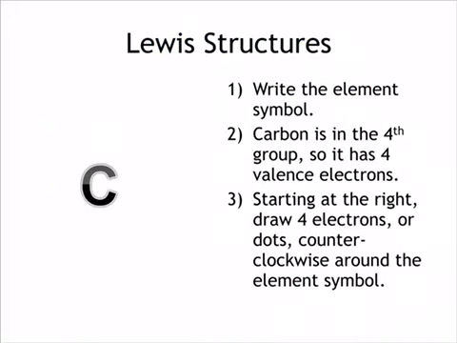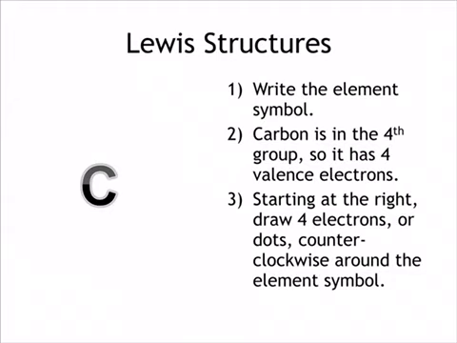When we draw a Lewis dot structure, or Lewis structure, we write the element symbol. Carbon is our first example. We look at its location on the periodic table, and it is in the fourth group. So here we have carbon with 4 valence electrons.